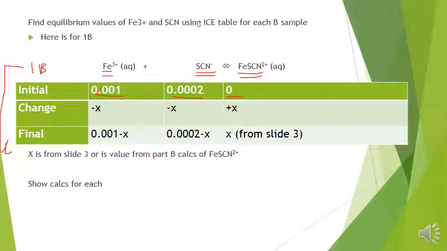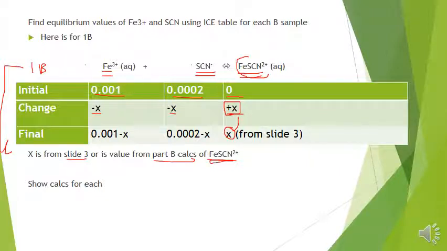Well, we know this value here. You just go back to part B's calculations where you found the concentration of FeSCN, and that number will go right here. This is for 1B. Since that's how much is gained, this becomes a plus x. Since the relation is 1 to 1 to 1, for every one of these that forms, you lose one of these and one of these.